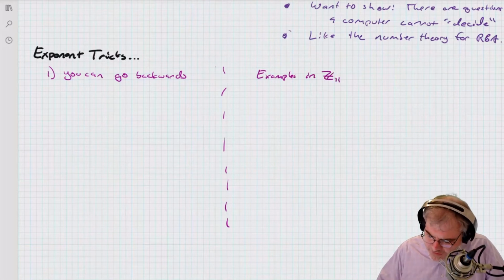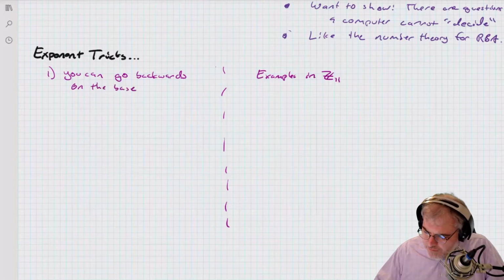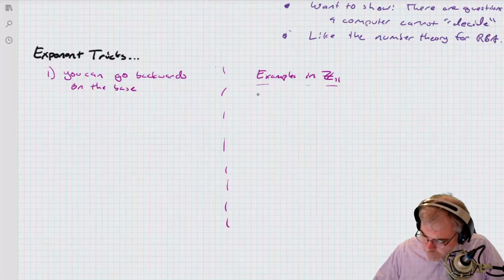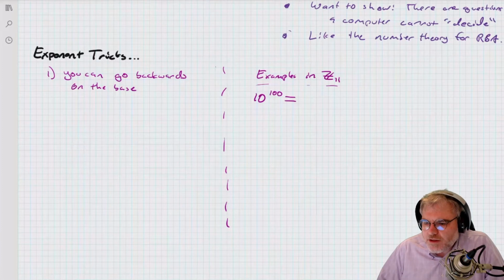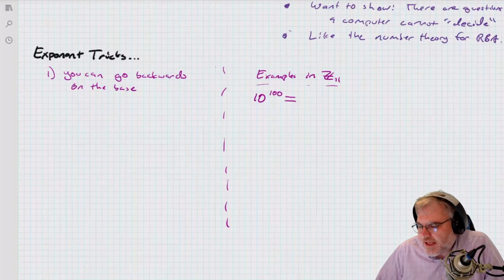I can go backwards on the base. So in Z11, here's an example of that: 10 to the 100 equals what? Somebody do 10 to the 100 mod 11.